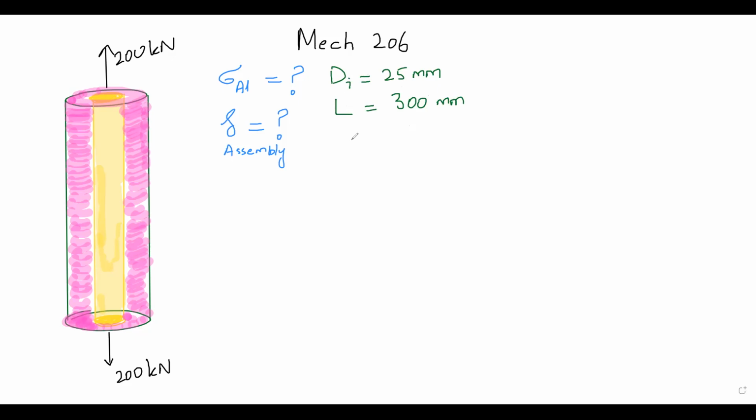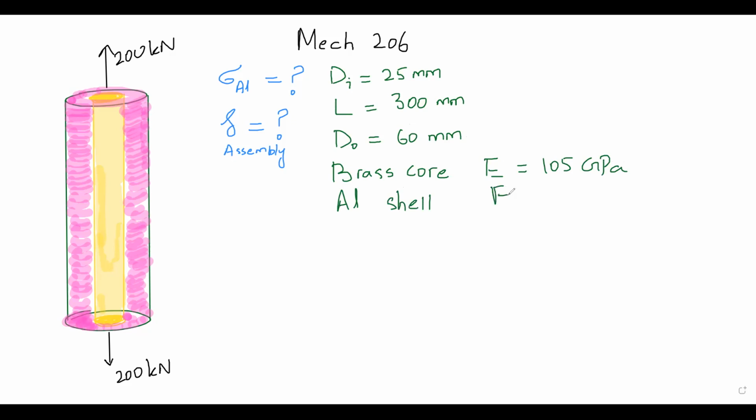The outer diameter is 60 millimeter, correct? The brass core has an elastic modulus of 105 gigapascals, and the aluminium shell has an elastic modulus of 70 gigapascals.